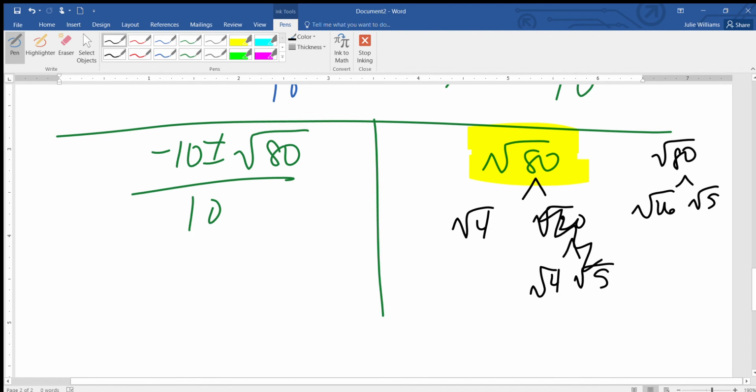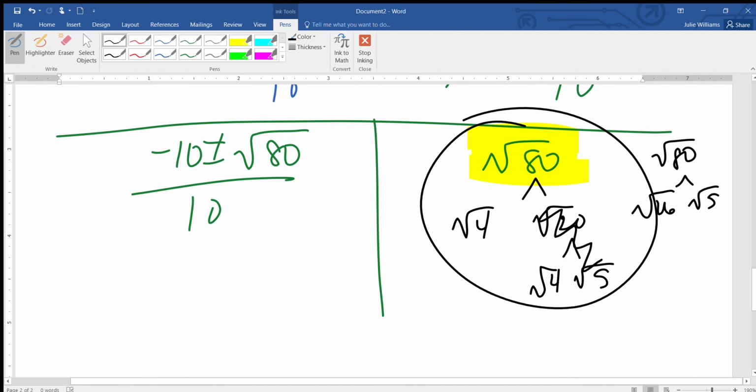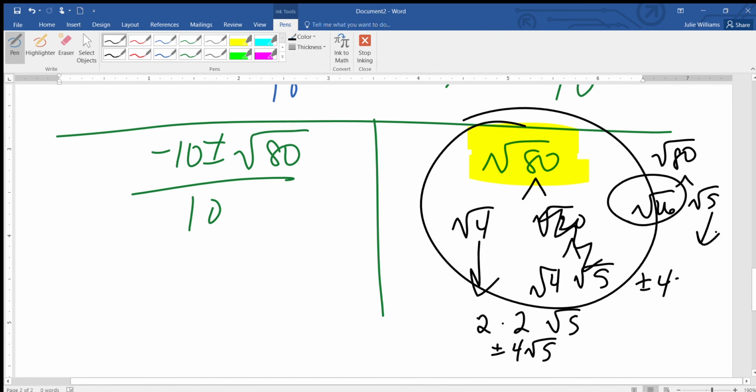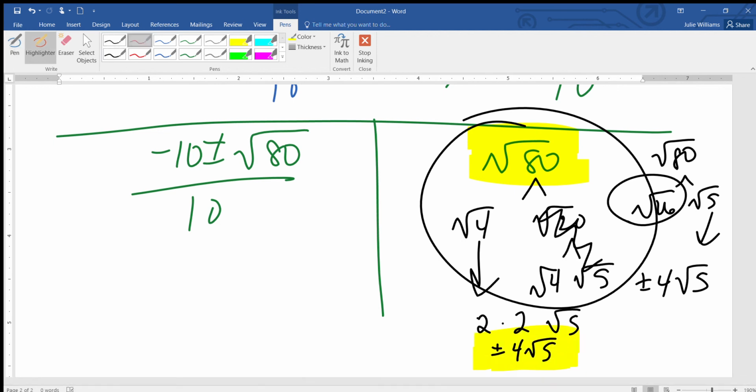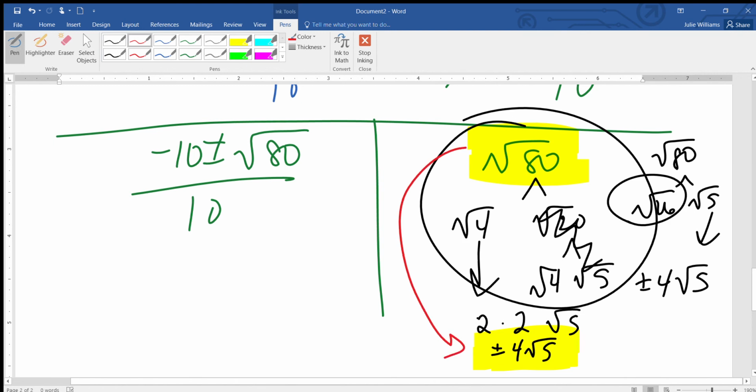If we didn't see that and we did it this way, I would get square root of 4 is 2, square root of 4 is 2 times square root of 5, which would be plus or minus 4 times the square root of 5, which you'll see I get the same thing here. Square root of 16 is plus or minus 4 times the square root of 5. So you can see the square root of 80 is equivalent to plus or minus 4 times the square root of 5. So I'll be substituting that in over here. So I get negative 10 plus or minus 4 times the square root of 5 all over 10.